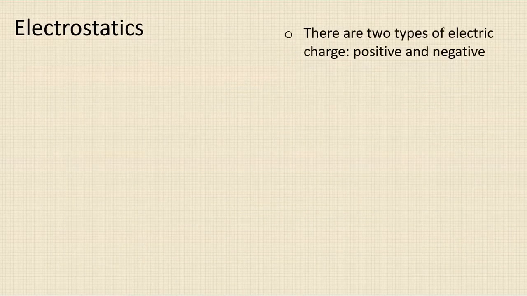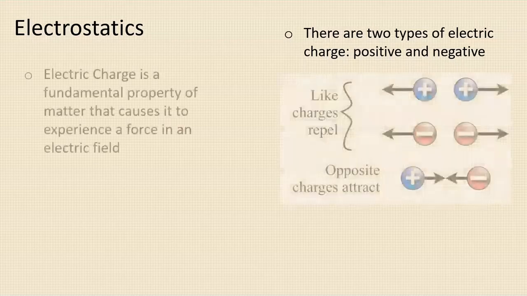There are two types of electric charge. I already mentioned them before, and you're probably familiar with them. We have positive and negative. These terms came about simply because of the labels that they had on things when they were studying the idea of electricity. They had positive and negative, simply opposite of each other, and those names basically stuck.